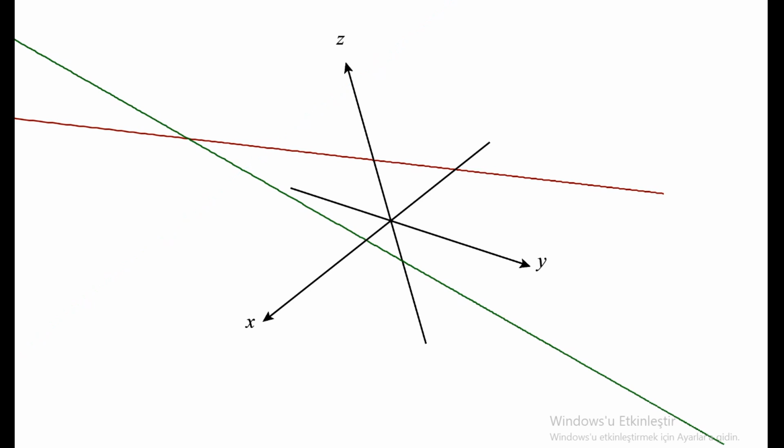Okay, which one? This one. So this blue one is the common perpendicular line.